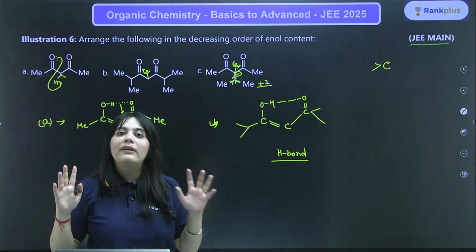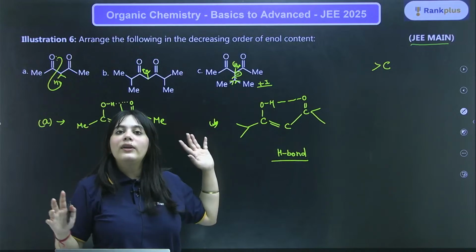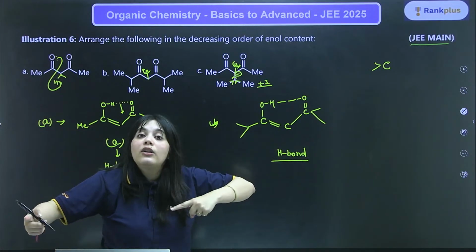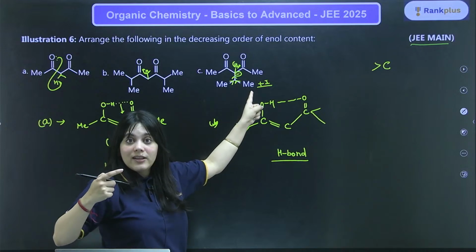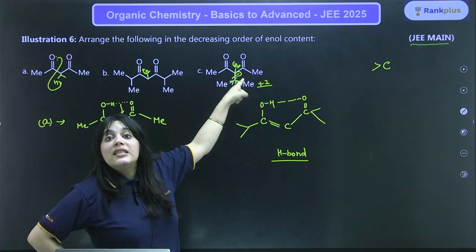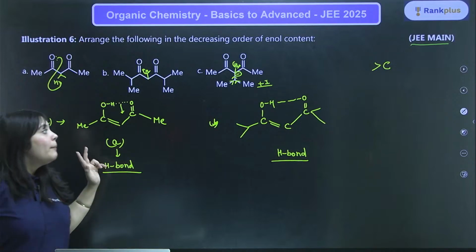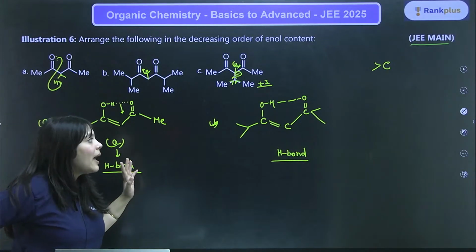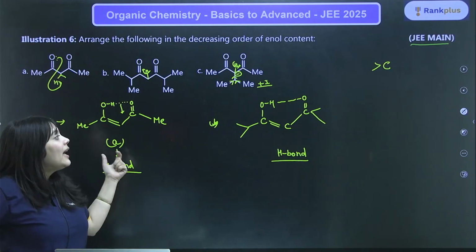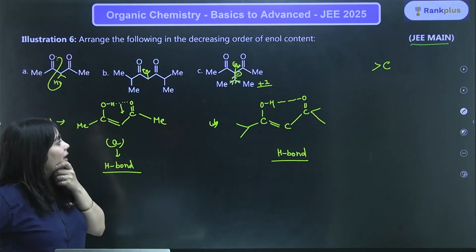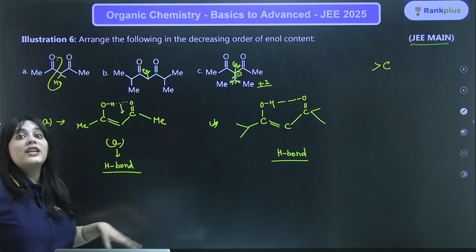I already know that C will have the least enol content because for making the enol, I need a negative charge, and that negative charge is least stable over here. Now I have to compare between A and B. Ma'am, in both A and B, what is happening? In both, they are forming the hydrogen bonding. Then how to differentiate?